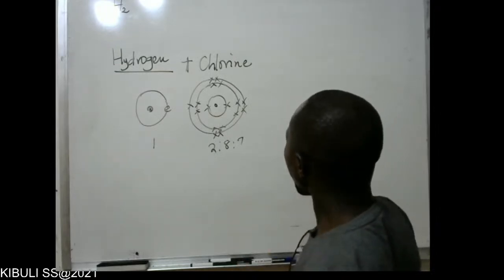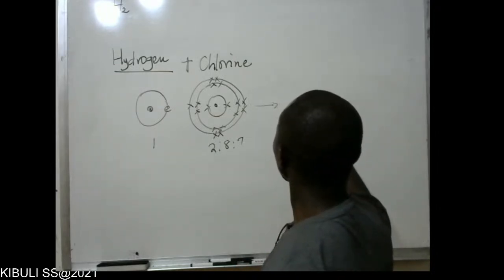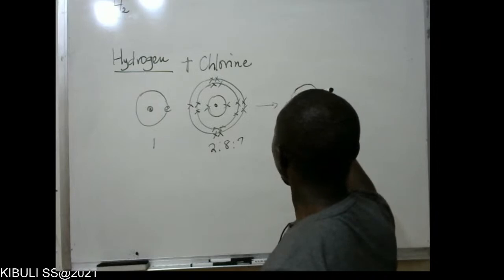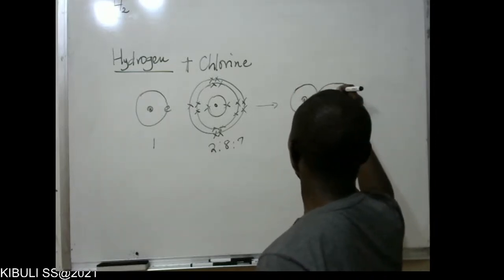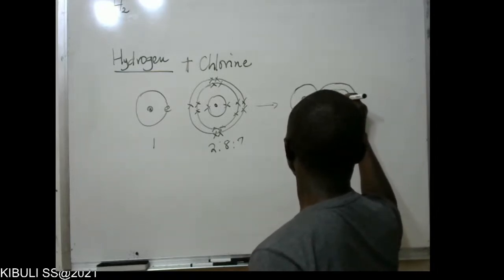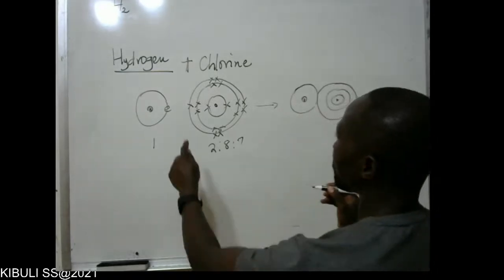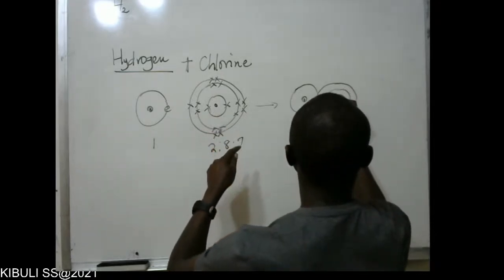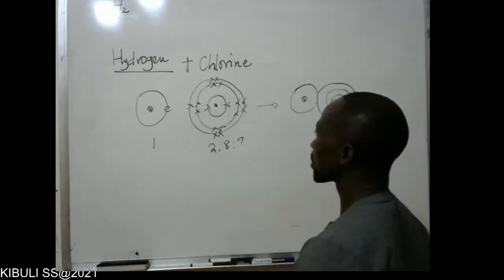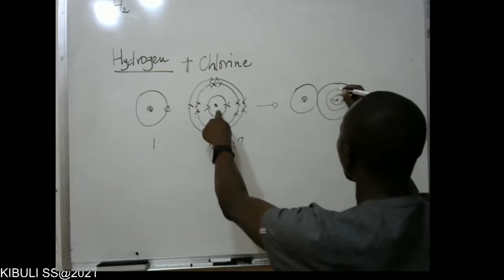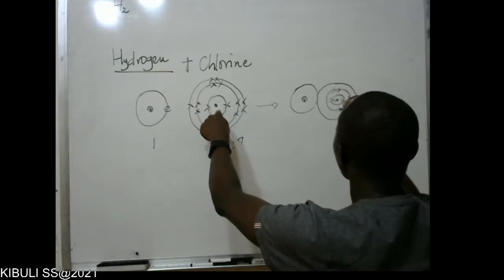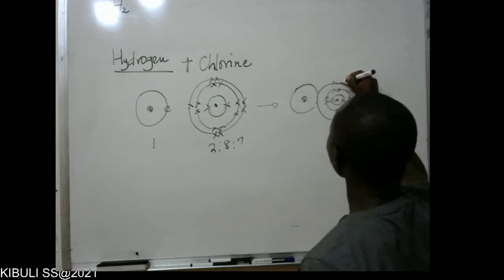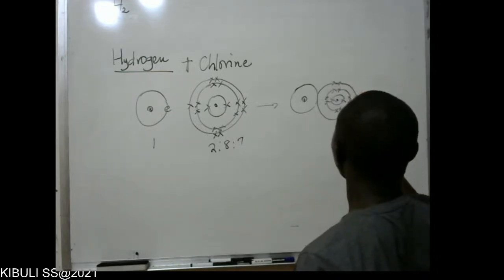So if they are to share electrons, our product is going to be, this is a hydrogen atom. Next to it is now a chlorine atom, if you remember. And therefore, these are the 2 electrons inside the chlorine energy level, which is energy level number 1, followed by 8 electrons in the second energy level, followed by 7 electrons in the outermost energy level.